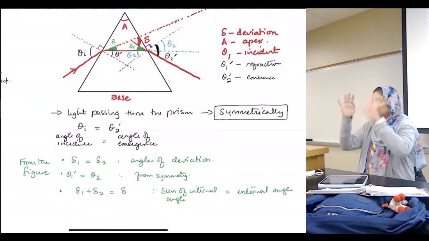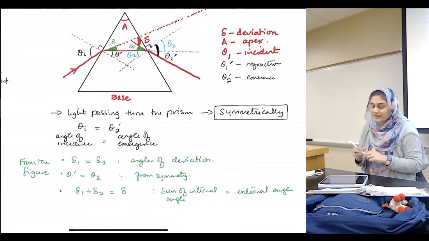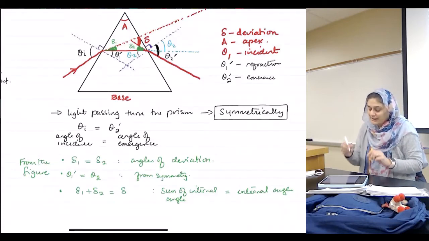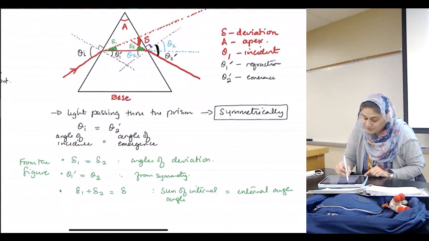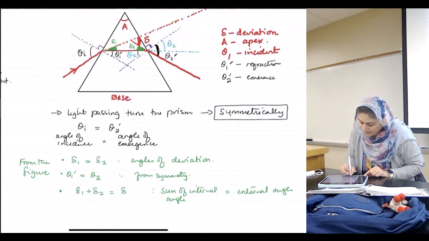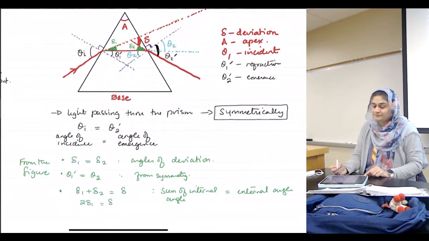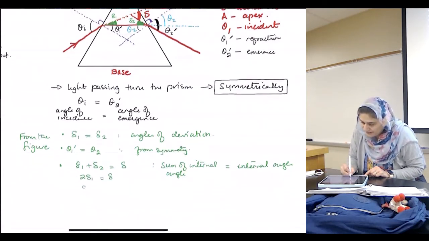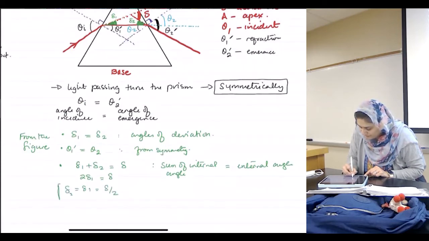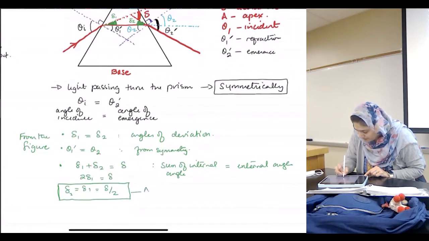That's geometry, nothing fancy here. And since delta 1 and delta 2 are the same, may I write this as 2 delta 1 equals delta, or delta 1 equals delta over 2? Call this equation A.